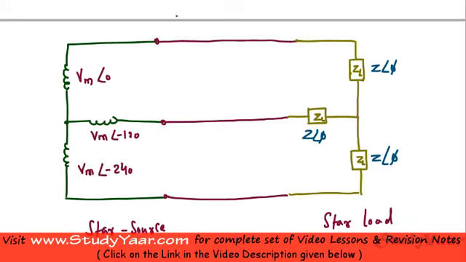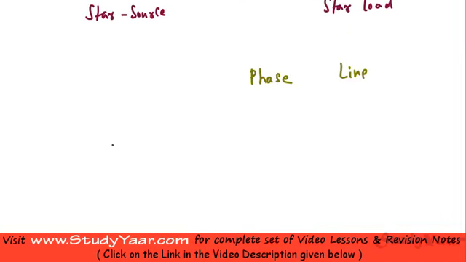Now this is the voltage generated in this coil, which is the voltage on your phase. We have seen that my phase voltage is simply voltage across my coil. So my phase voltage VPH is simply what? My VPH is Vm angle 0.